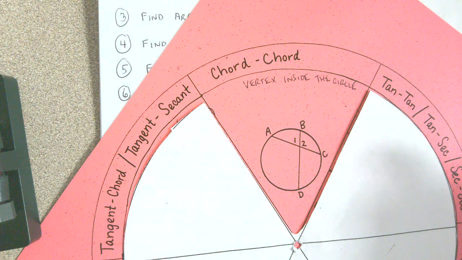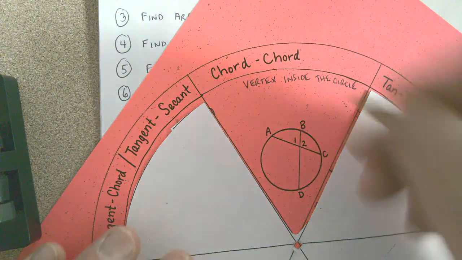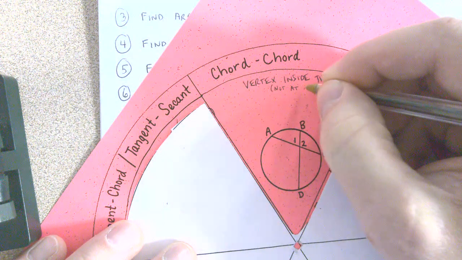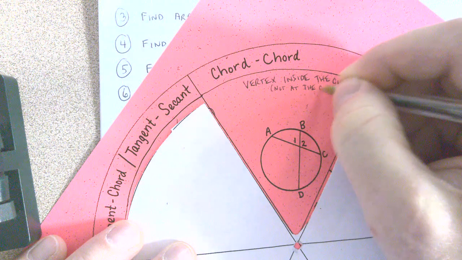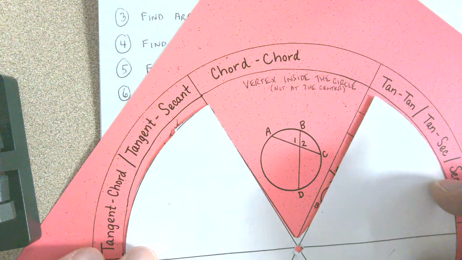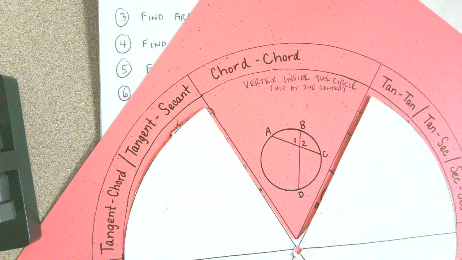Now, the other thing I want you to notice is not only is the vertex inside the circle, but the vertex is not at the center. So I don't know if you want to put in parentheses, not at the center, you could do that. Because remember, when the vertex is at the center, we call that a central angle. And the central angle, we know that the intercepted arc, that those are the same. And that's not the case here.